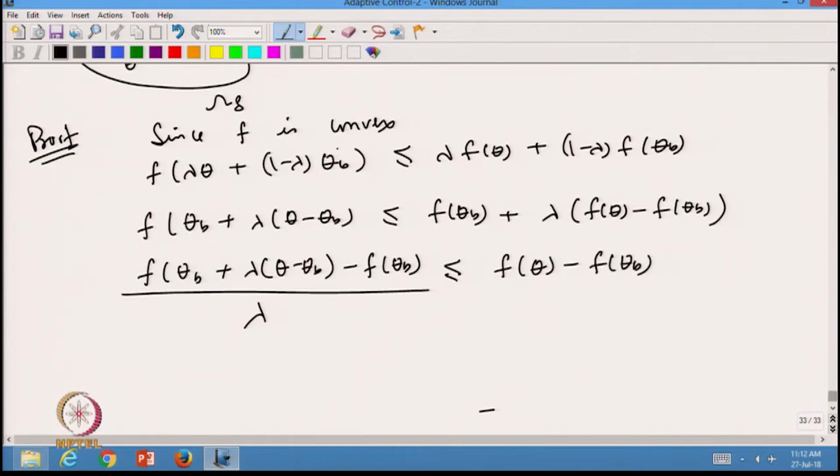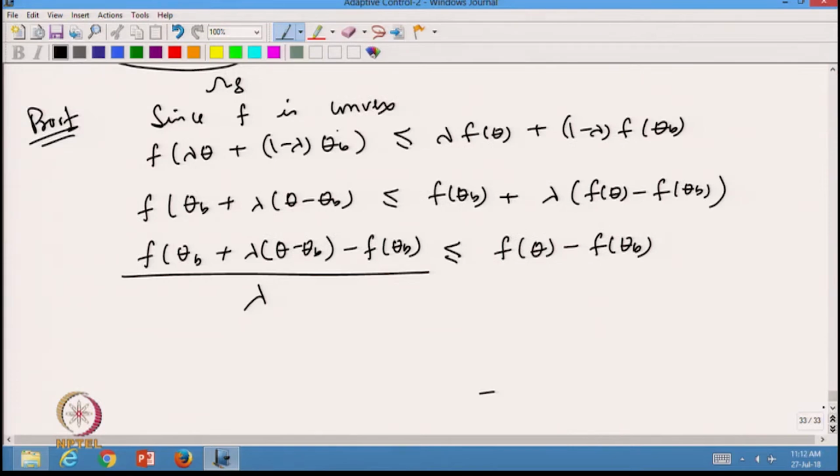Now, since the points theta and theta b belong to the set omega delta, we know that f of theta is less than delta and f of theta b is equal to delta.